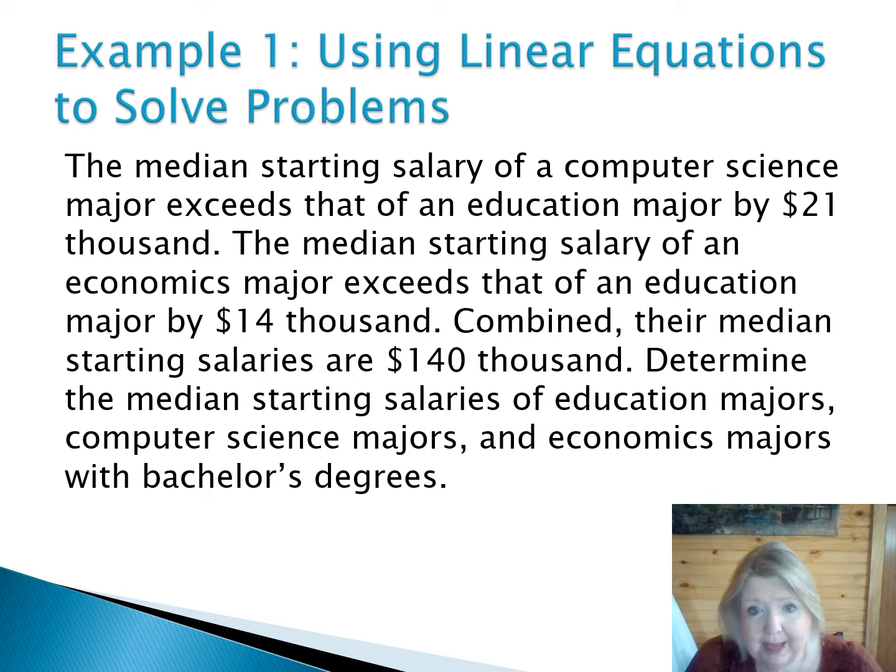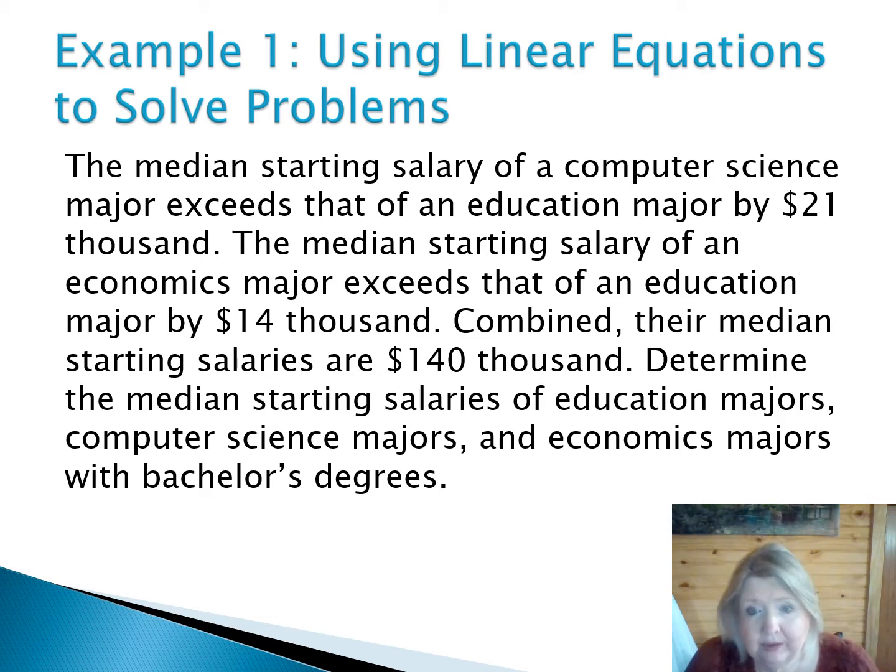Inside this problem, I have three unknown quantities: the median starting salary of education majors, computer science majors, and economics majors. I can let any of those three be my base for x.